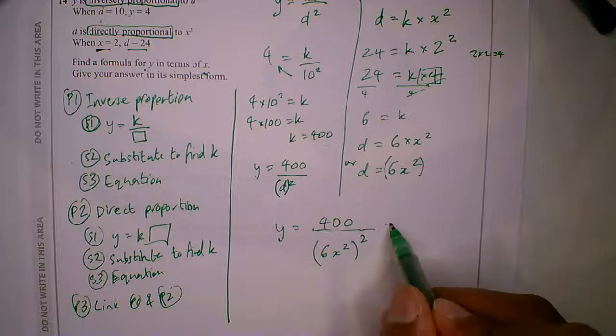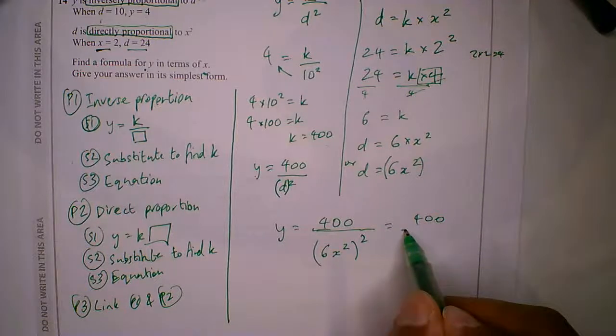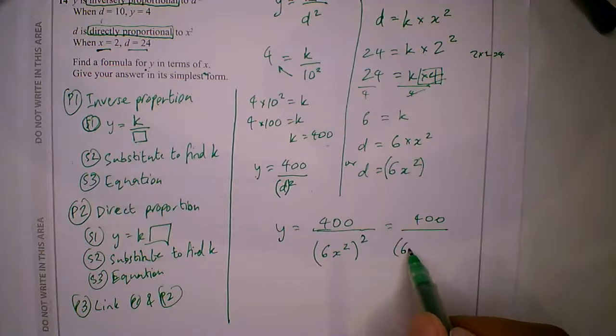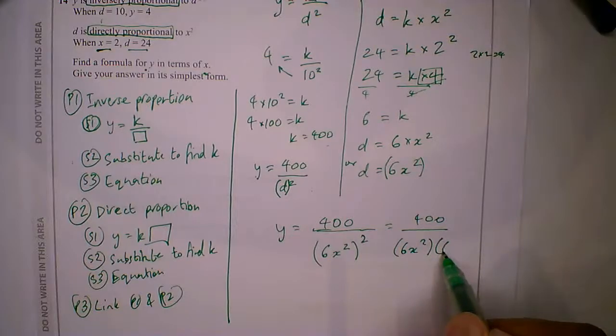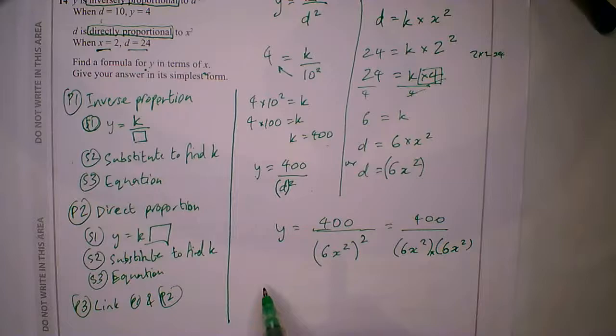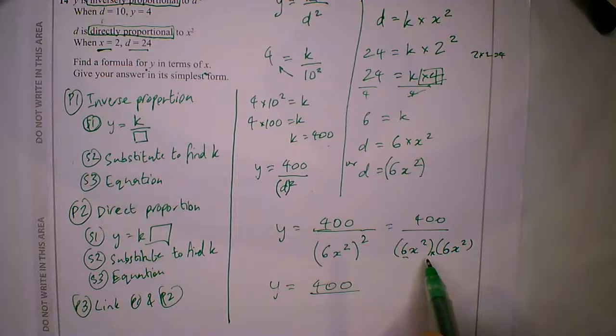So what is that? Squared means it's the same thing twice. So I'm multiplying them: 400 over 6 times 6 is 36. x squared times x squared is x to the power 4.